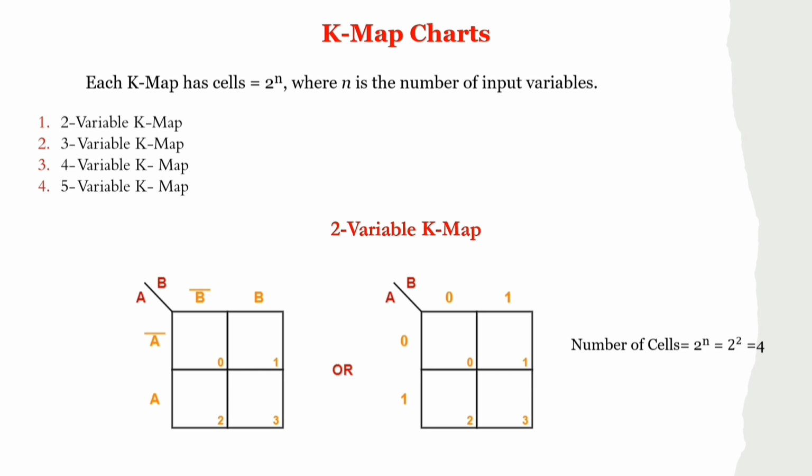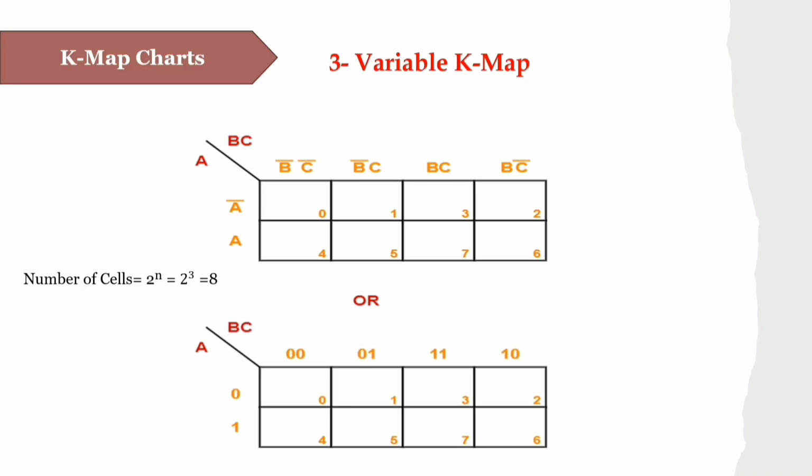Now let us understand the 3-variable K-map. Here we have the 3 variables a, b and c. So the number of cells equals 2 power 3, which is equal to 8. We arrange the 8 cells in a 2 cross 4 grid, where the row corresponding to a equals 0 is on top and a equals 1 is on the bottom.